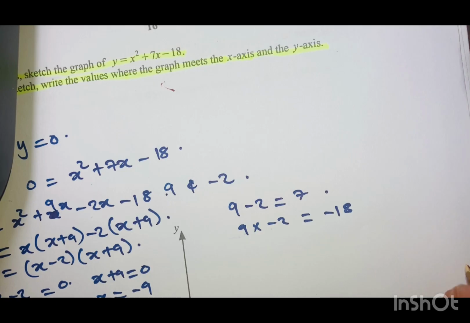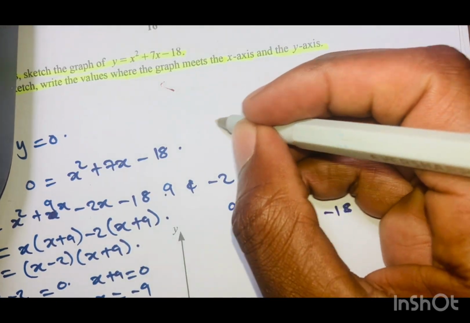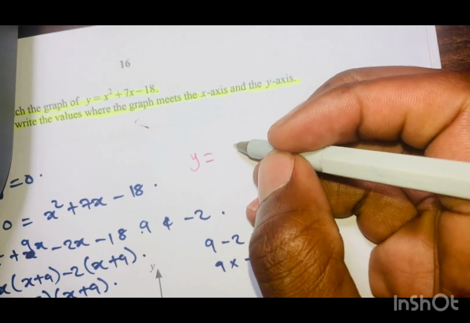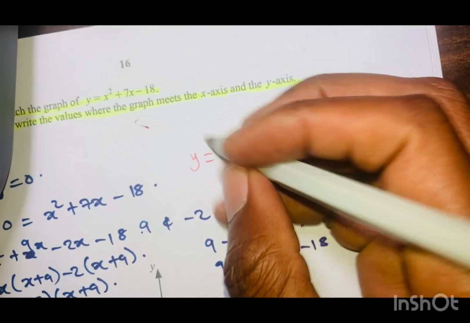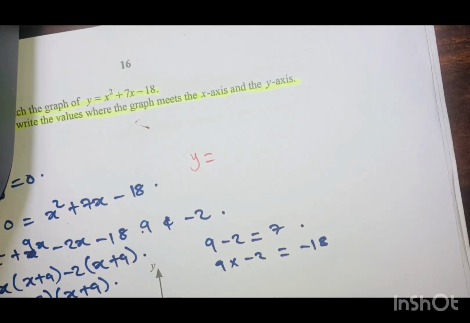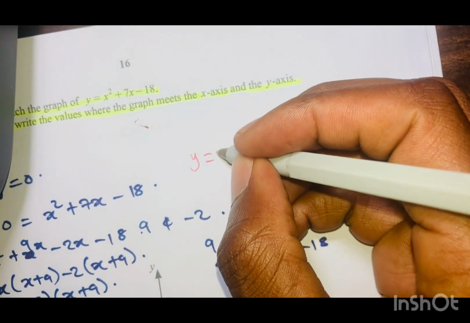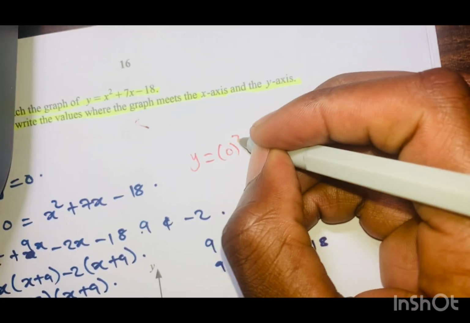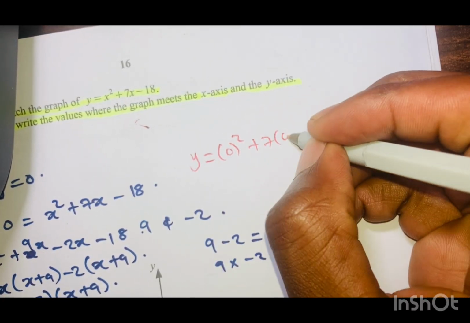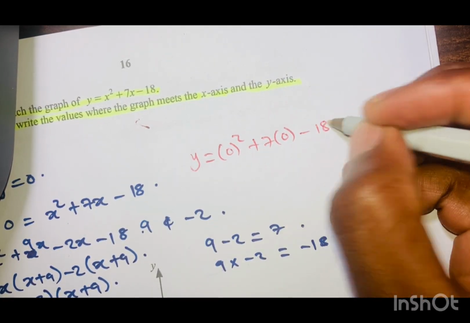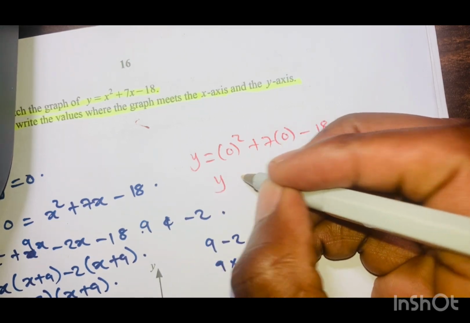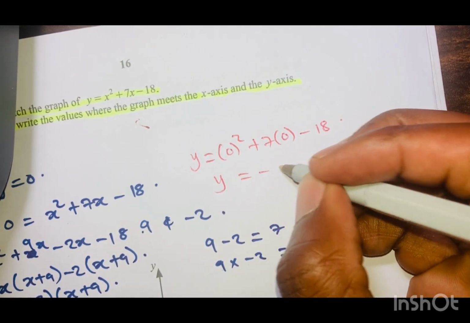So we say y equals, we substitute 0 wherever x is: 0 squared plus 7 times 0 minus 18. So y will be equal to negative 18.